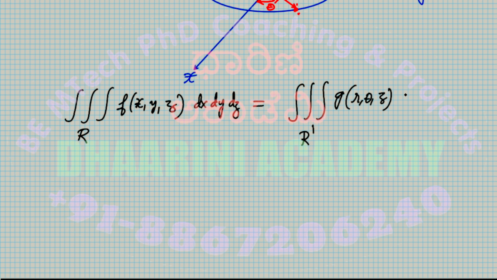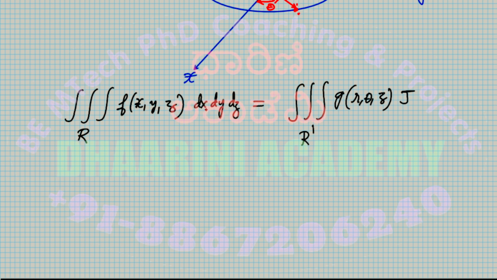This has to be replaced by a triple integral over some region, say R dash. This is definitely a different region because you are trying to write the region in terms of r, theta, and z. So you have to write another function, maybe g of r comma theta comma z, and I need to bring a J into the picture. That is the Jacobian, because you are trying to take care of the replacement of dx, dy and dz.